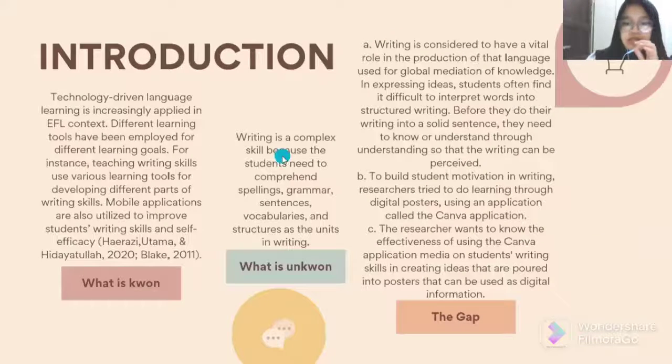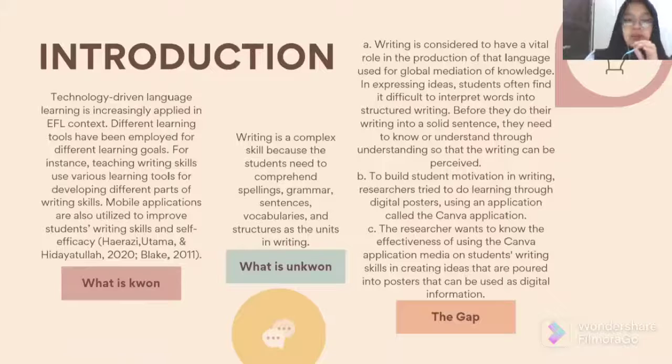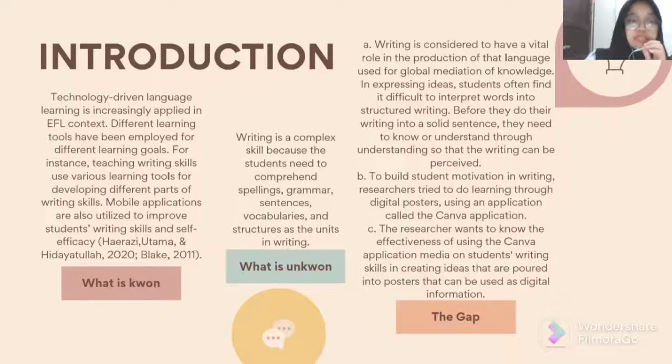Move on to the introduction. Here we divide the main point and the gap. We connect the unknown statement and the known statement as the gap. The known thing here is technology-driven language learning. Technology-driven language learning is increasingly applied in the EFL context.